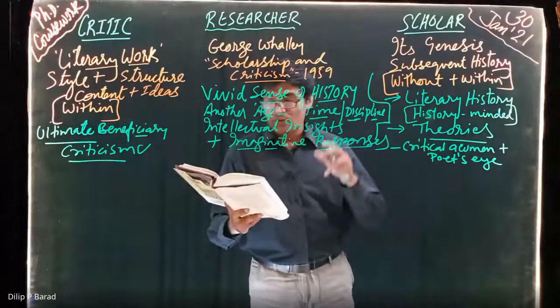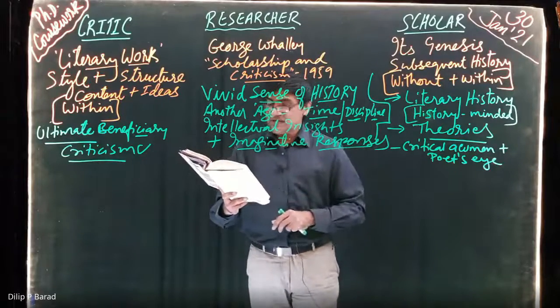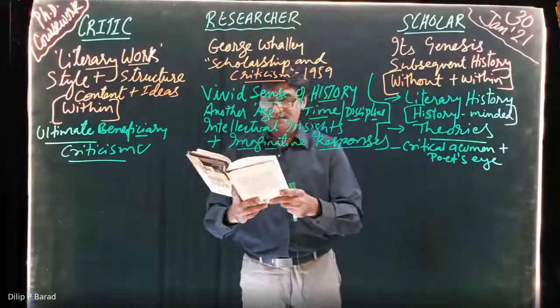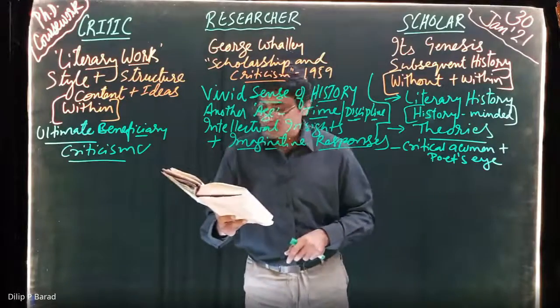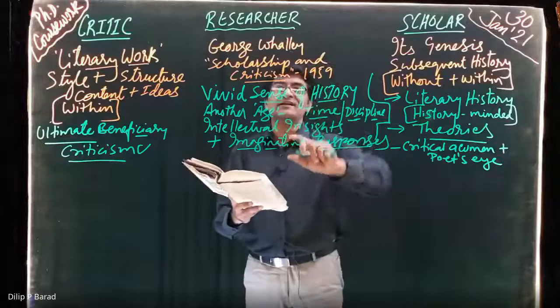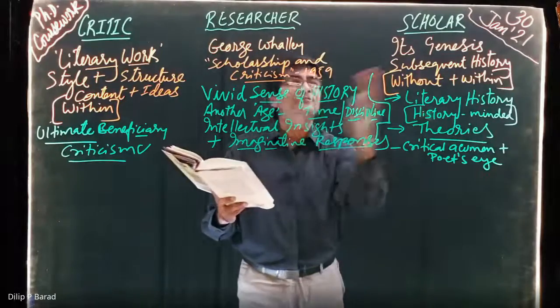Otherwise, they cannot comprehend the current attitudes or artistic assumptions that guided an author as he or she set pen to paper. At the same time, scholars, see the word scholar now suddenly comes. So interchangeably the word researcher, the scholar, but we can differentiate here.